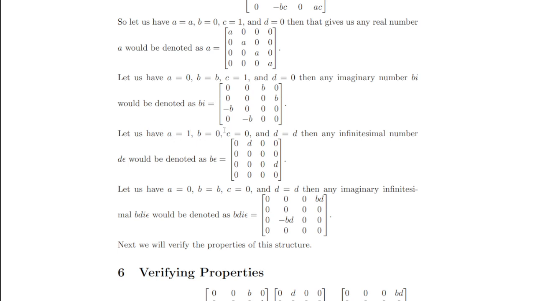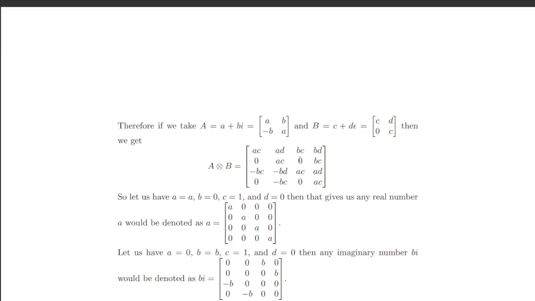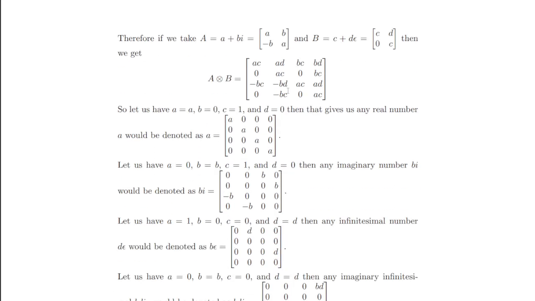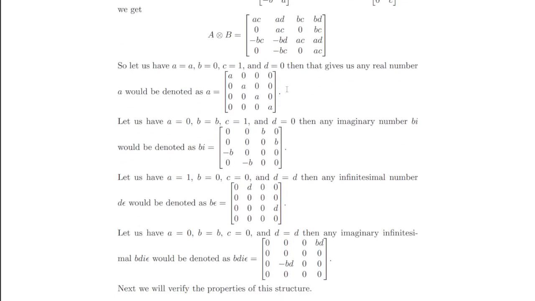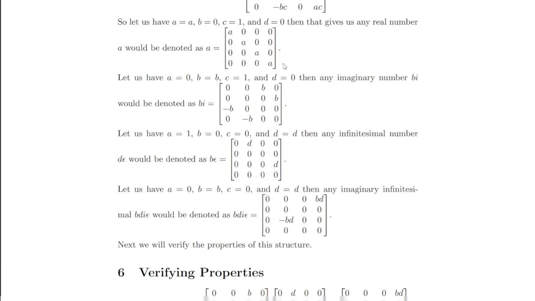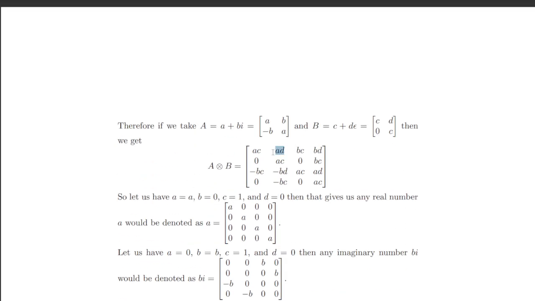Let's have A equals 1, B and C equals 0, and D equals D. This should give us the infinitesimal portion of the dual number, which seems pretty scarce, but we notice it is exactly plugging those numbers into this definition, because the only places where D and A are combined are here and here.